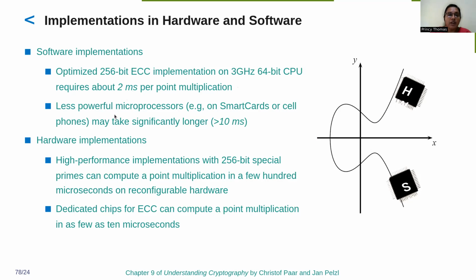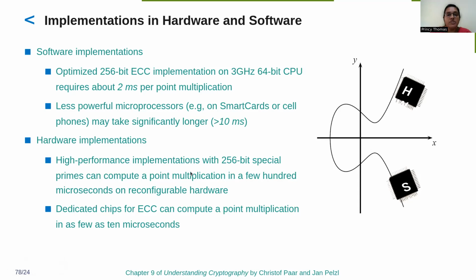In less powerful microprocessors like smart cards or cell phones, it might require more than 10 milliseconds. So this is the software implementation, but in the hardware implementation, it will take as few as 10 microseconds.